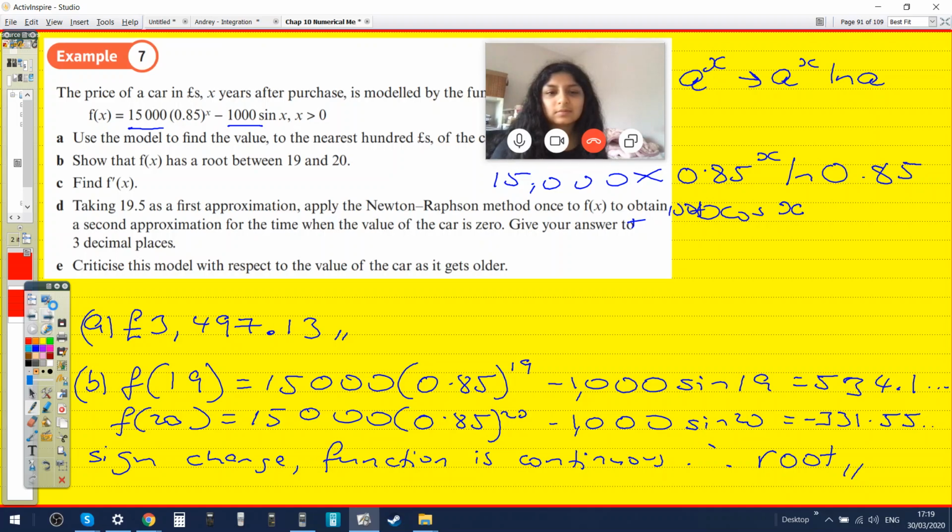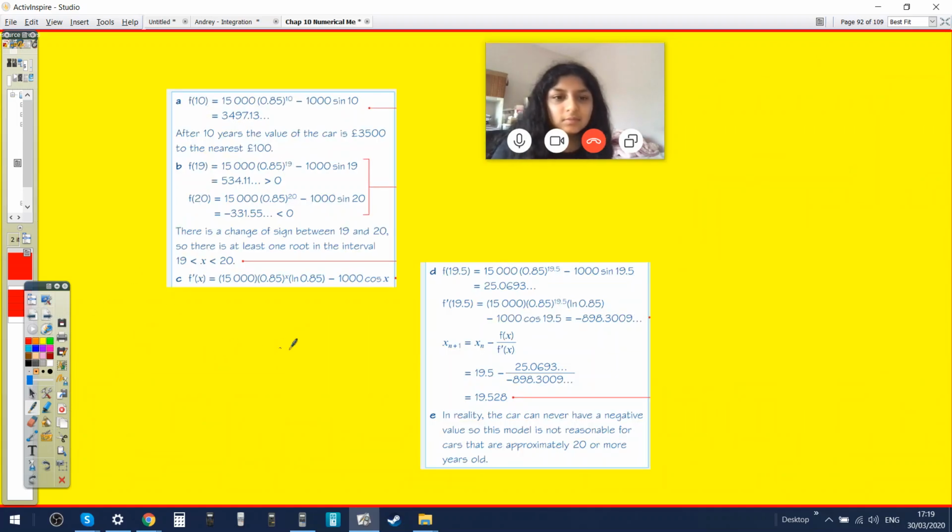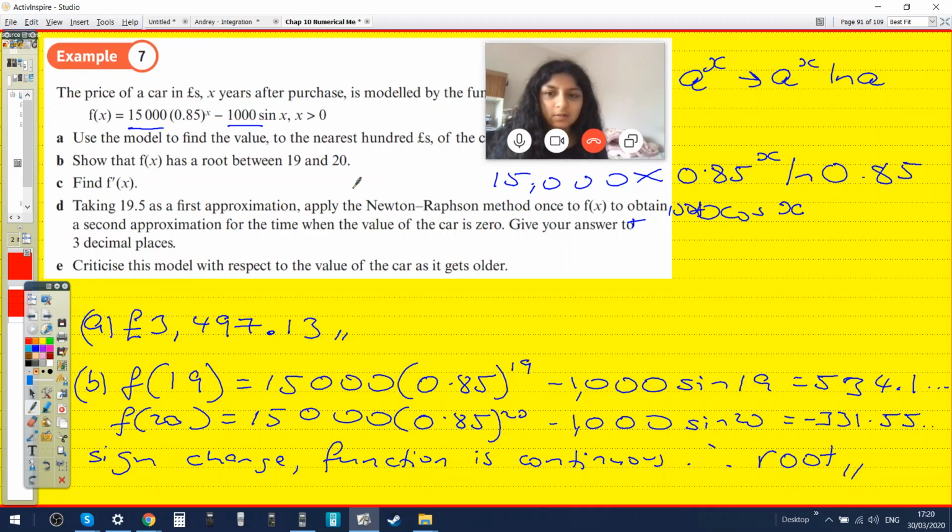Let me check. Ln. I think it's before that. Yeah, it's right. Ln that. Wait, minus 1,000. Why? Doesn't it differentiate to minus cos x?